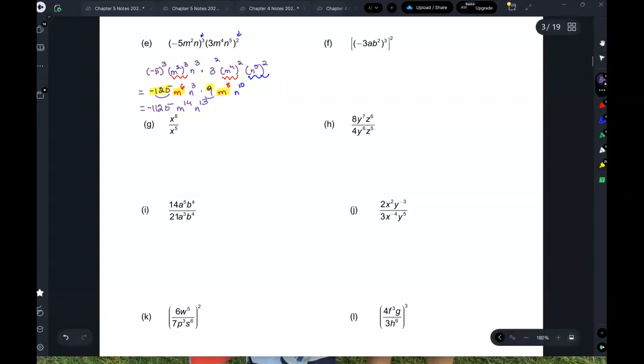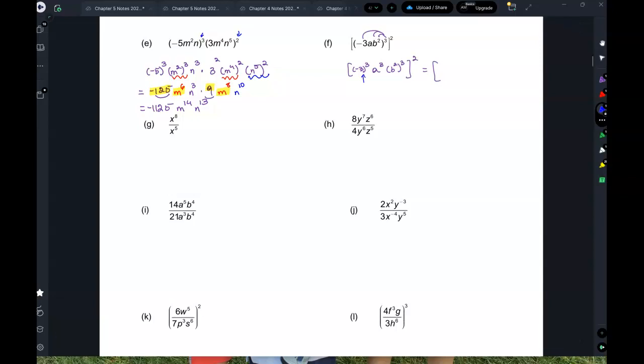Okay. Can everybody please have your calculators out and ready to go? Okay, so first we're going to distribute the 3. So we're going to have negative 3 cubed, a cubed, b squared cubed, still with a 2 outside.